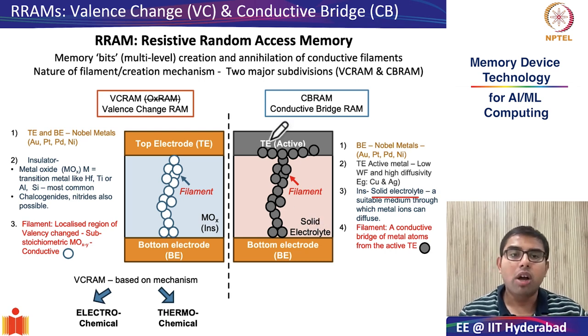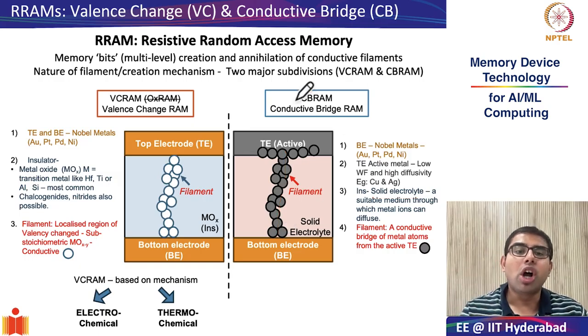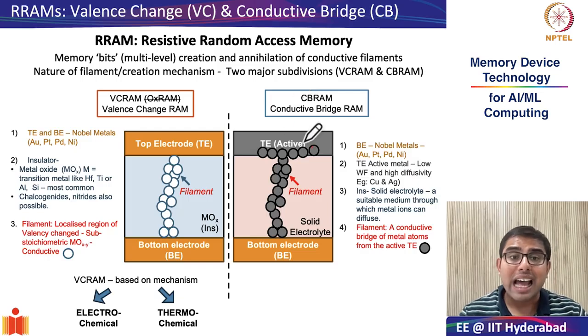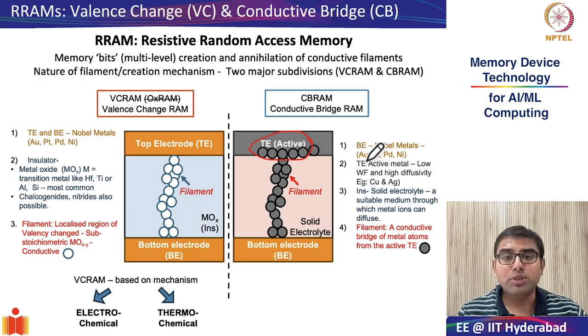Finally, let's look at what is the nature of the filament in case of a conductive bridge RAM. As the name suggests, it is a conductive bridge of metal atoms which have come out from your top electrode itself. Your top electrode had metal atoms which can easily oxidize.